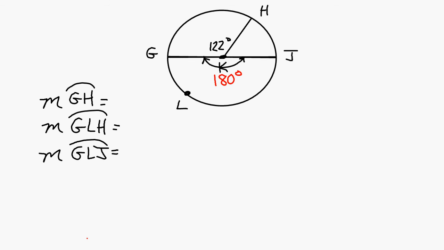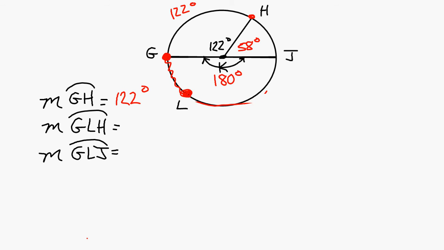So now you can list your corresponding central angle measures. The angle measure from G over to H corresponds to this 122, so it would be 122 degrees. Now look, GLH starts at G, goes through L, and ends over here at H. Does everybody see that angle?